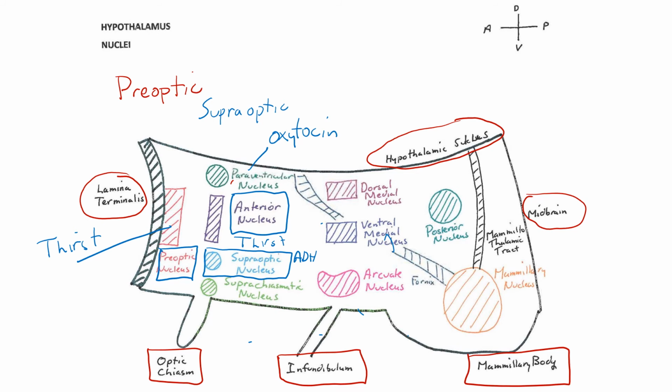And then finally, we have the suprachiasmatic nucleus. The suprachiasmatic nucleus is a small nucleus right above the optic chiasm. And this is going to control circadian rhythms. And so you'll remember when we talked about the pineal gland, we saw that the pineal gland is going to be associated with the control of circadian rhythms, but it shuts down.